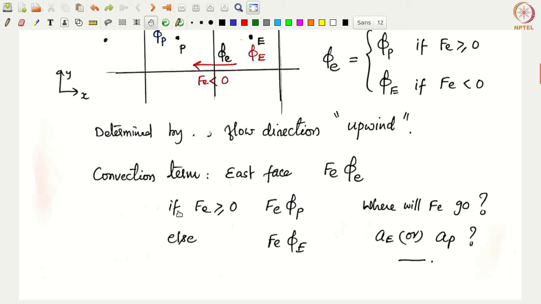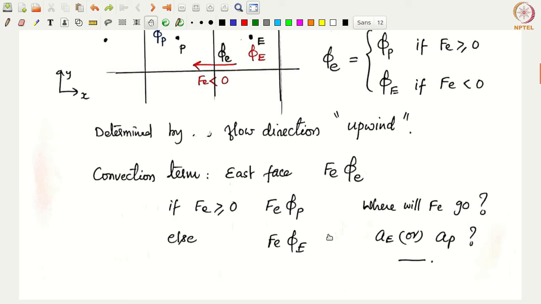So we will have a conditional statement: if Fe is greater than or equal to 0, then f little e, phi little e would be equal to f little e, phi capital P. Otherwise, it will be f little e, phi capital E. So either this or this, depending on the direction of the mass flow rate or the direction of the velocity on the phase. That means we would need to write 4 such conditions for all the 4 phases. Depending on whether F east is positive or negative, you would get either of these coefficients. Similarly, depending on whether F west is positive or negative, you would get 2 conditions, and depending on F north is positive or negative, you get 2 conditions, and so on.